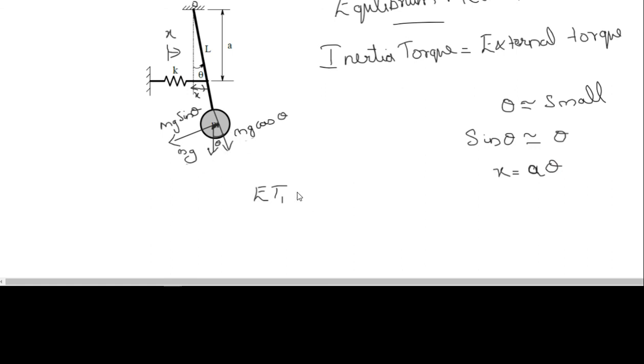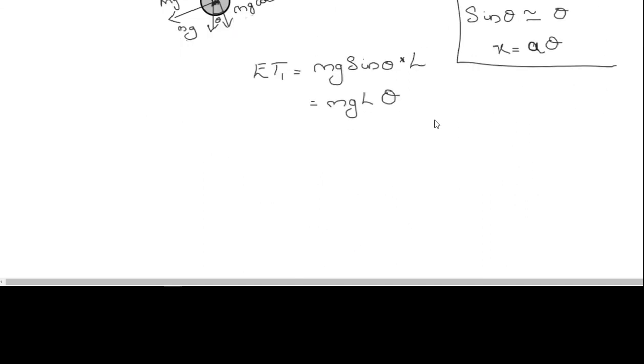So the external torque one, Et1, is equal to the mg sin theta component, and the perpendicular distance is L. Putting in the approximation sin theta equal to theta, we will get mgL times theta. That will be the first external torque, and the second external torque will be due to the spring.